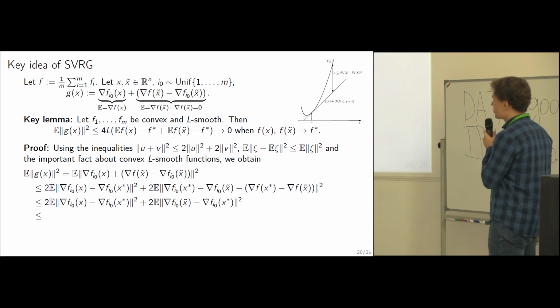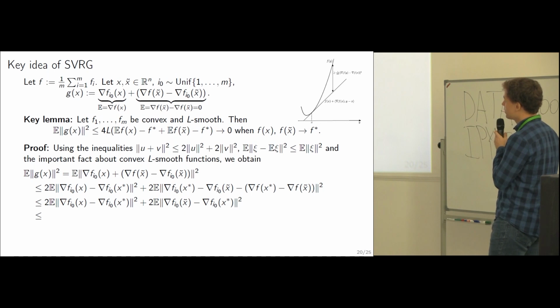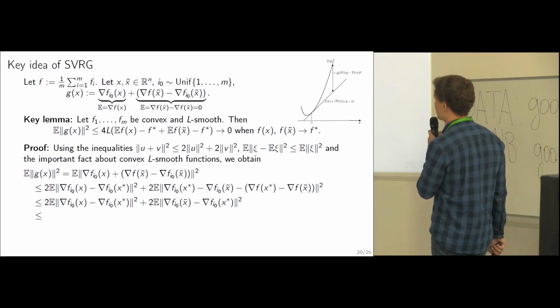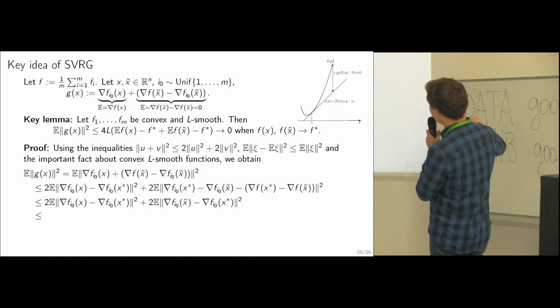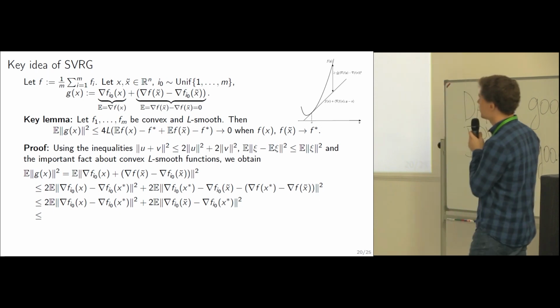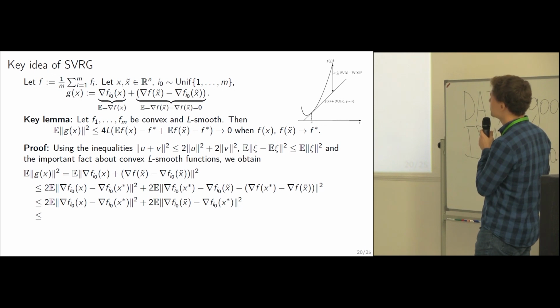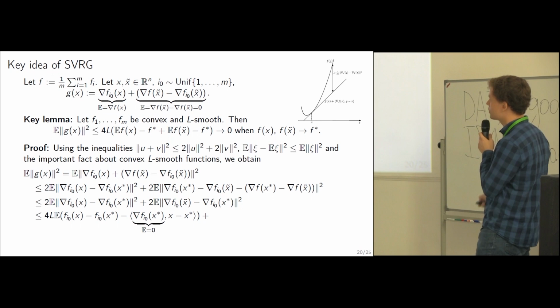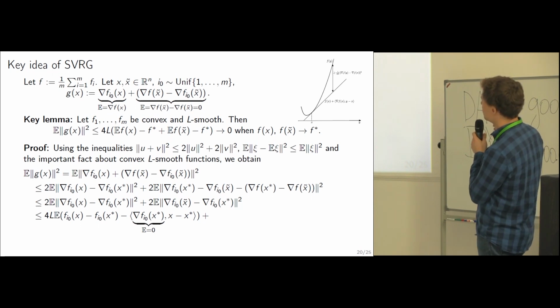And now we use the important fact that I talked about when we discussed smooth functions. Recall that when our function is smooth and convex, then this distance is greater or equal than the difference between the gradients. And here we have the difference between the gradients. So we use this inequality.